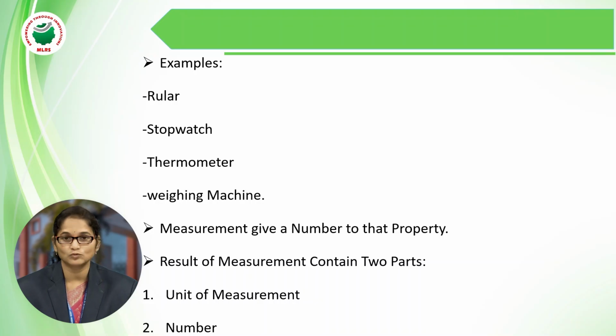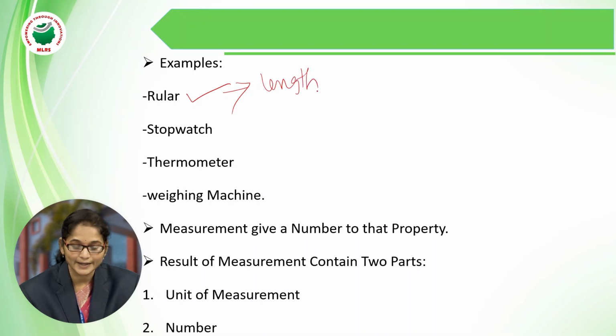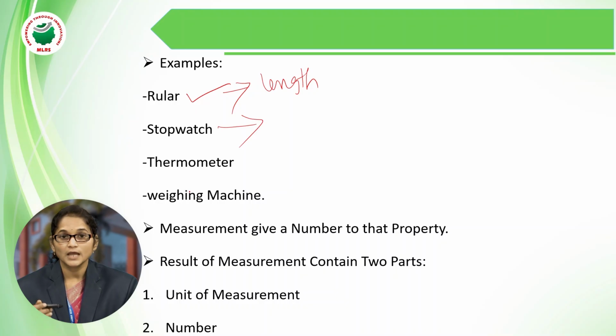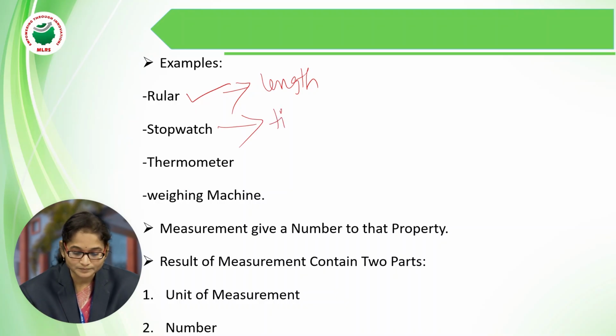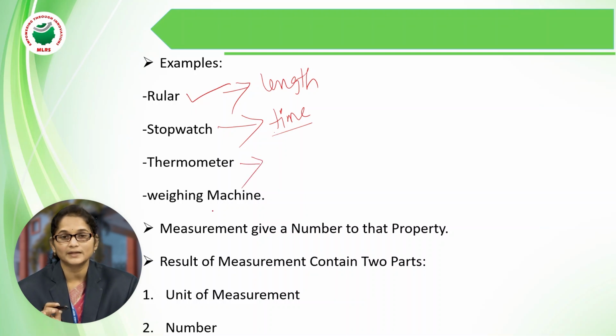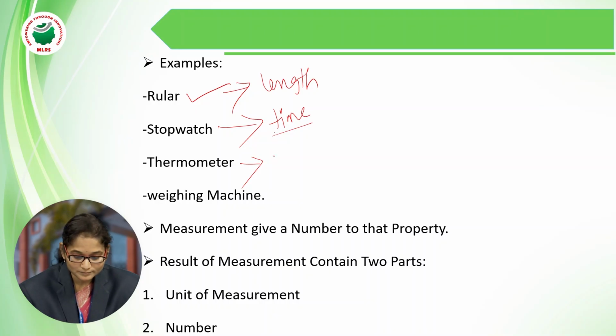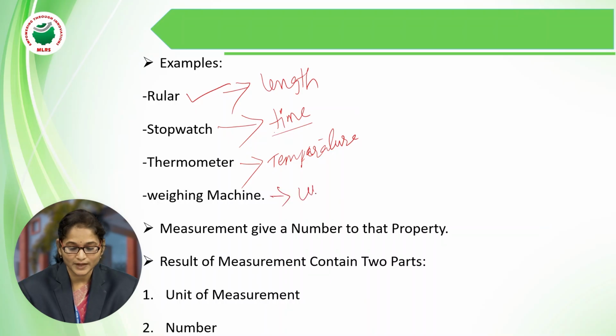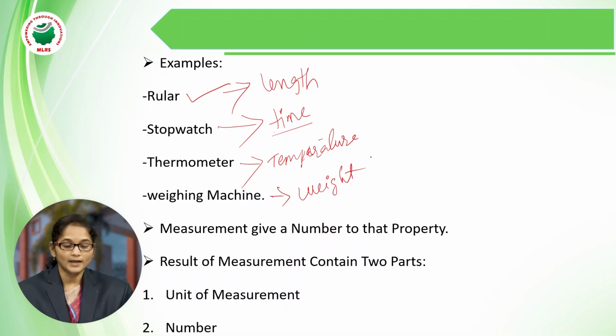Once again I am repeating: with the help of a ruler we calculate the length of a scale or anything, with a stopwatch we measure time, with a thermometer we measure temperature, and with a weighing machine we measure weight. The measurement gives a number to that property.